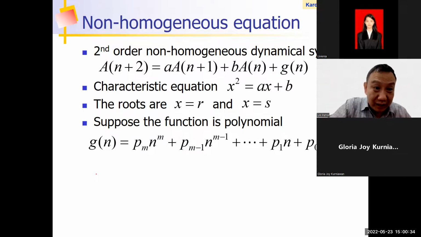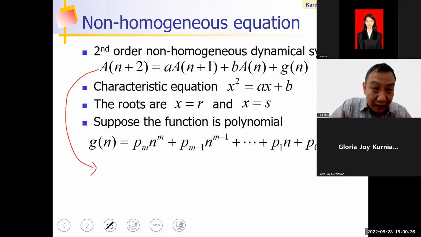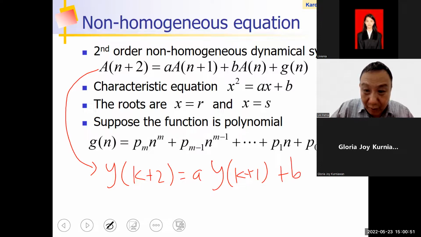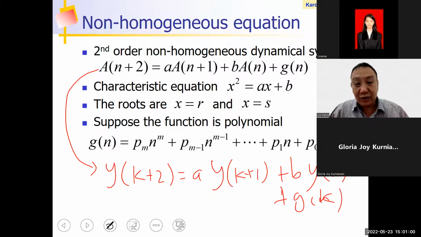In the next slide, I will put it as this one: Y k plus 2 equal to A Y k plus 1, plus B of Y k, plus G k. G is a function.